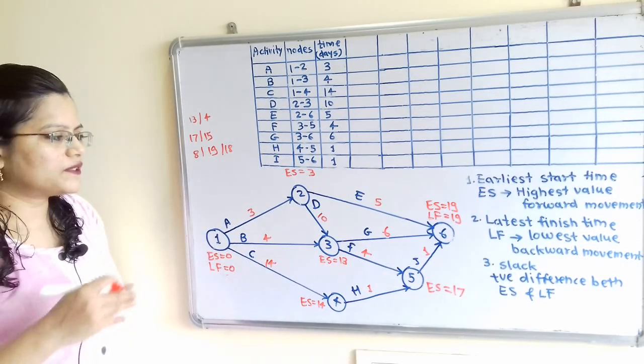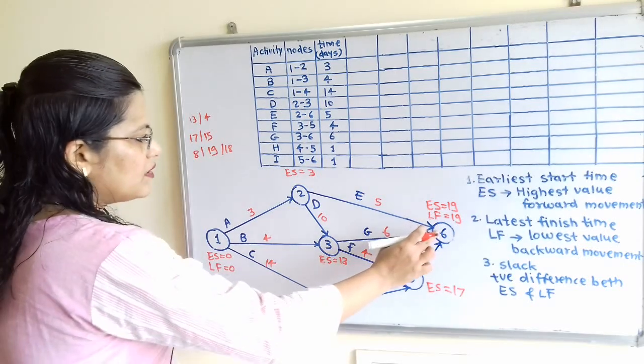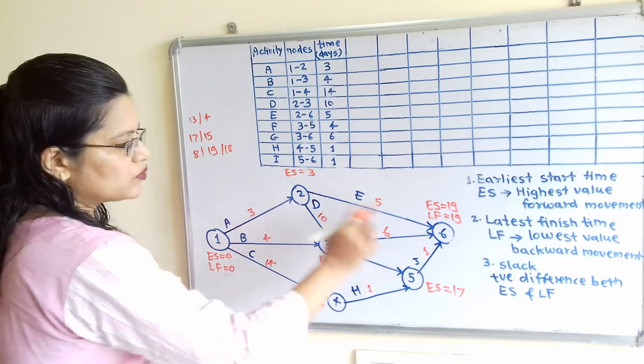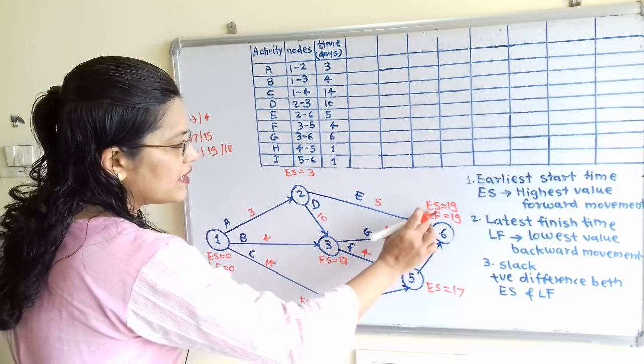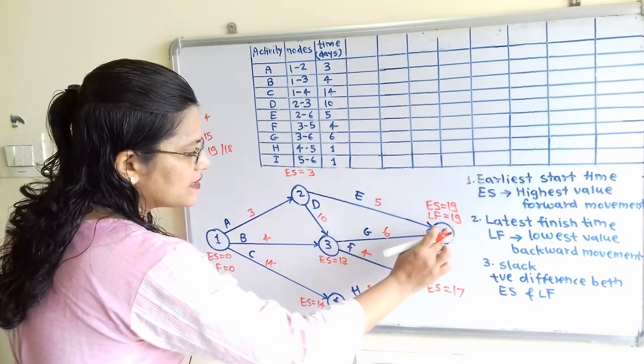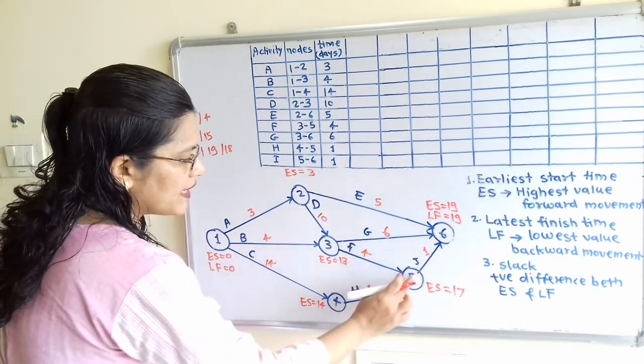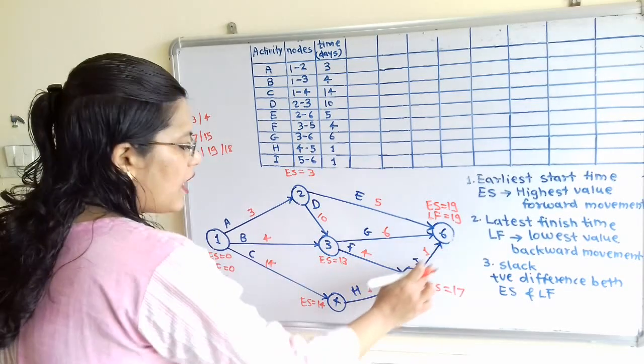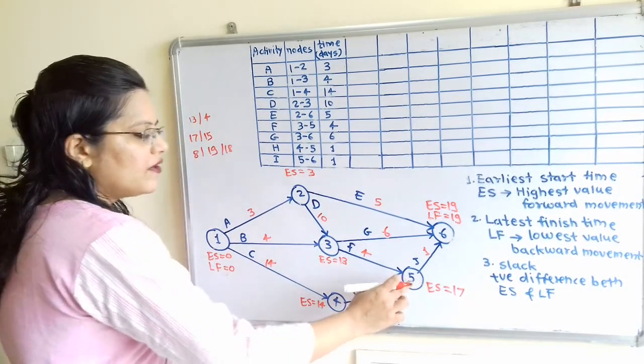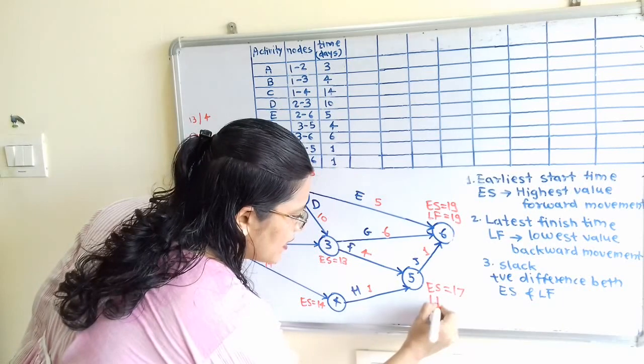So if we observe, here is node 2. When the end node is 6, after that we have to take node number 5. So how to calculate the value of LF at node 5?